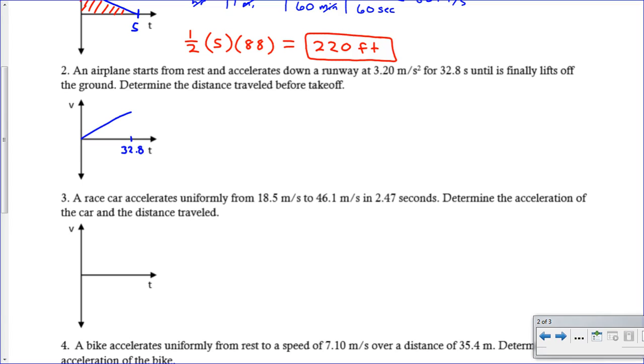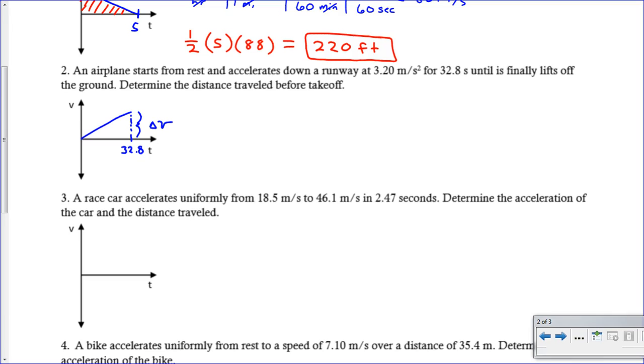Okay, and this is where we have to use one of our other equations here because this is our change in velocity. And so we want to figure out what this change in velocity is so we can find some other stuff out about this one, namely how far it goes.